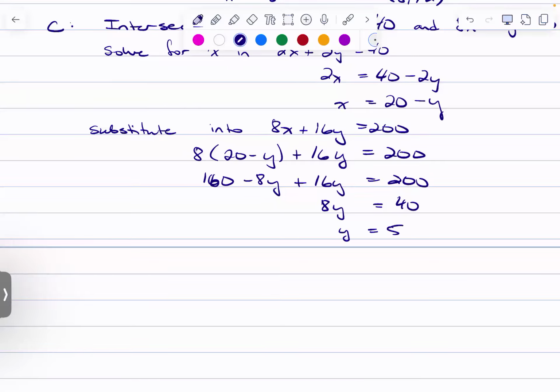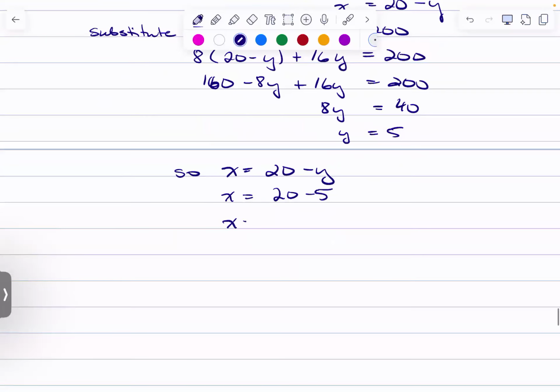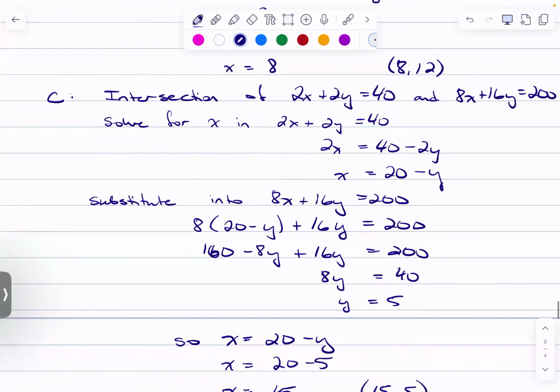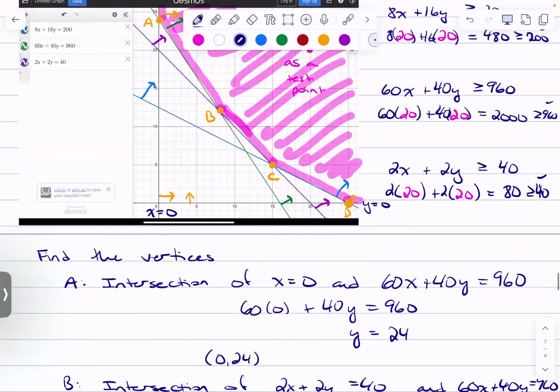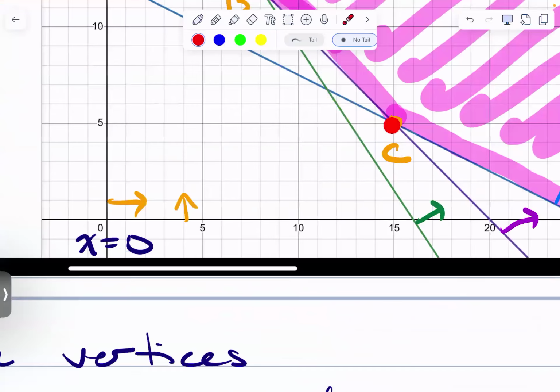So y is 5. Checking. Oh, and then x is 20 minus y. 20 minus 5 is 15. We can check that 15, 5 makes sense on our graph. Looks good.